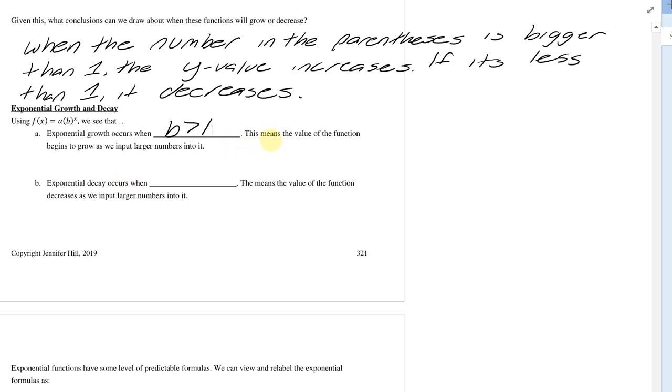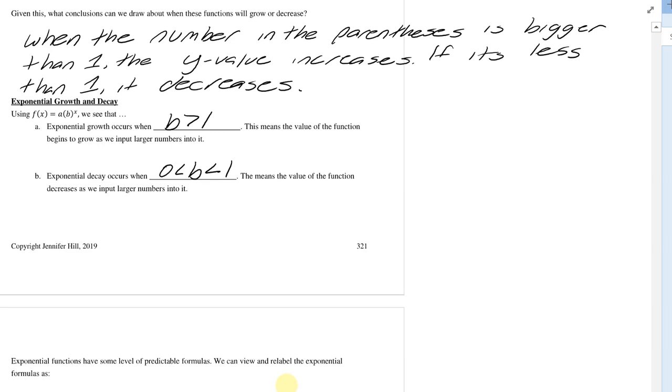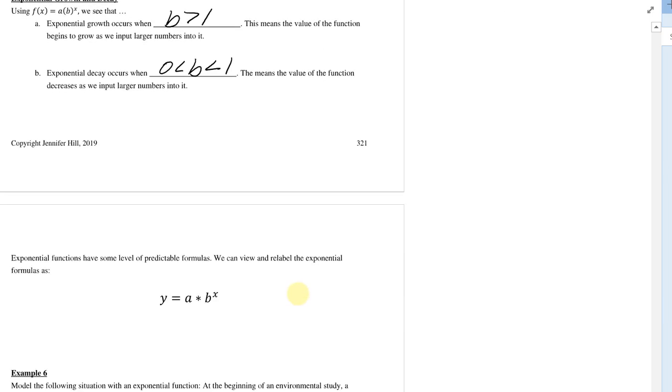And this means that the value of the function begins to grow as we input larger numbers into it, versus exponential decay occurs when b is between 0 and 1. And this means that the value of the function decreases as we put larger numbers into it. So growth and decay, that's the next thing that we're interested in.